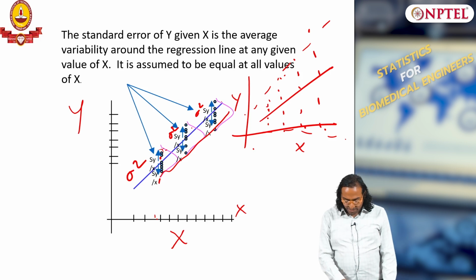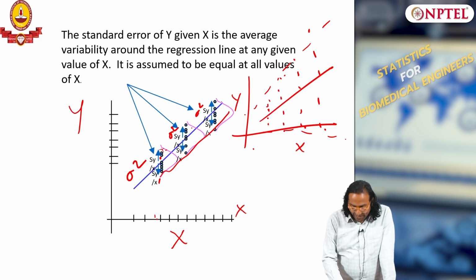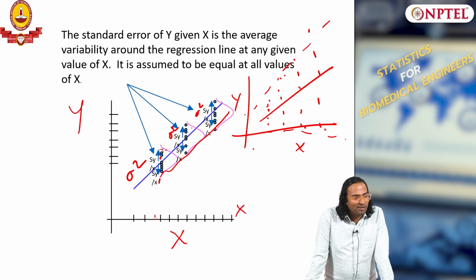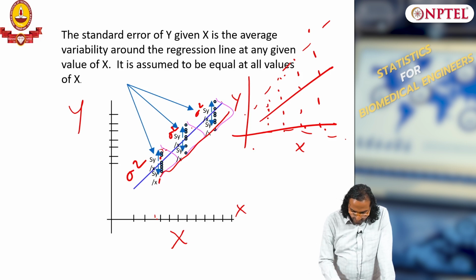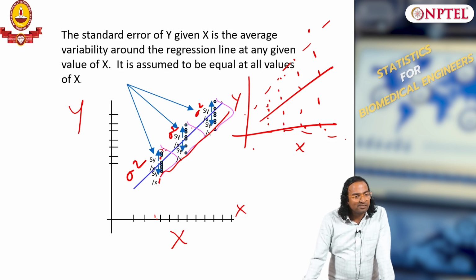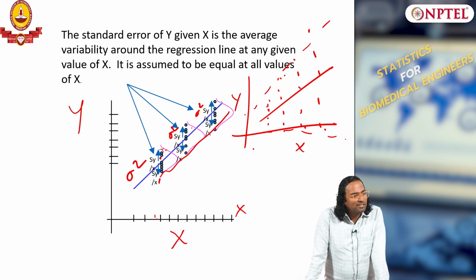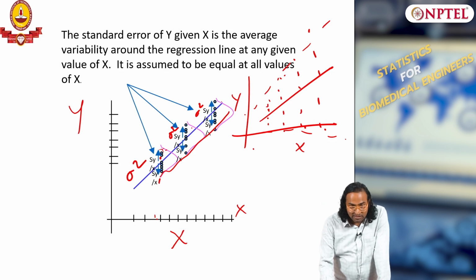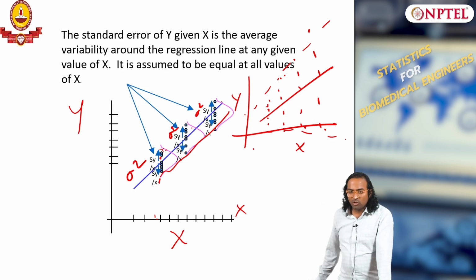So, now at every value of x you plot y, all of them follow roughly a Gaussian distribution. Look at this, I have plotted here, it follows a normal, and the variance in y for each value of x is sigma squared, the same. So, you understand what I mean.